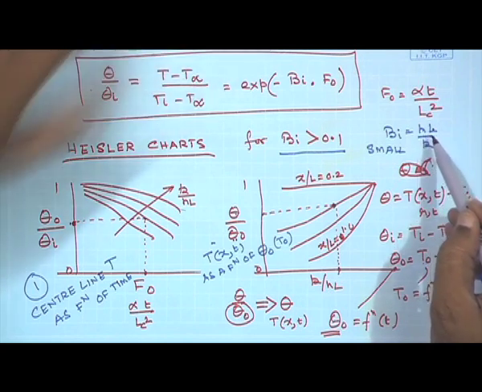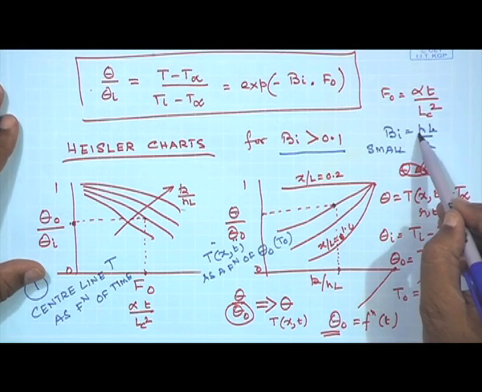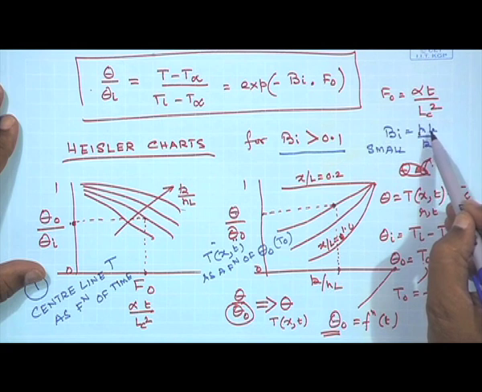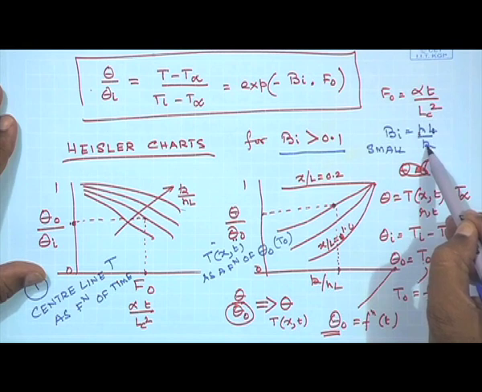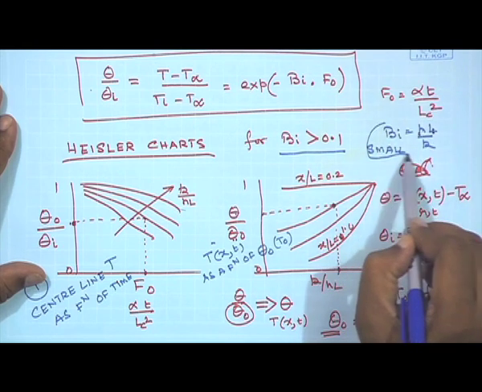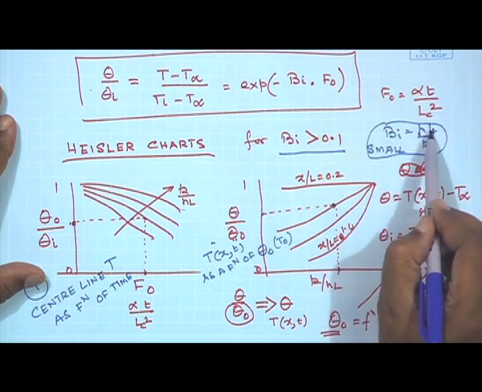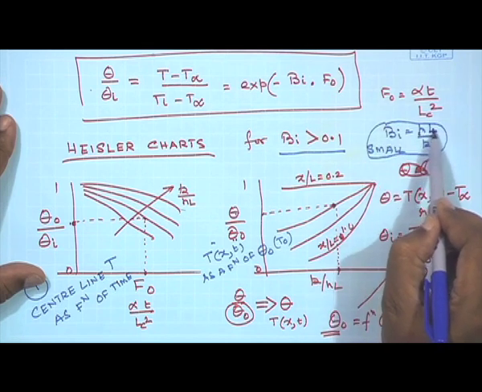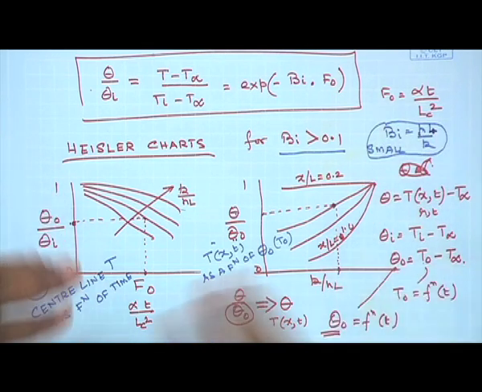These situations arise if it is open to natural convection, if the length scale is too small, or if you are working with a material that has a very high thermal conductivity. So this property combination and the geometric parameter would give you the value of Biot number.